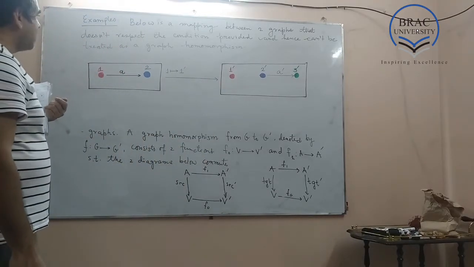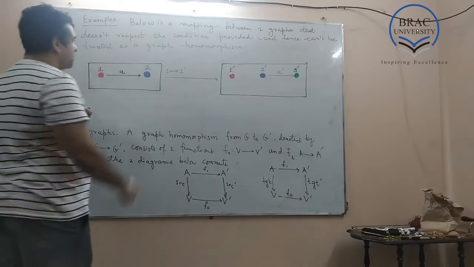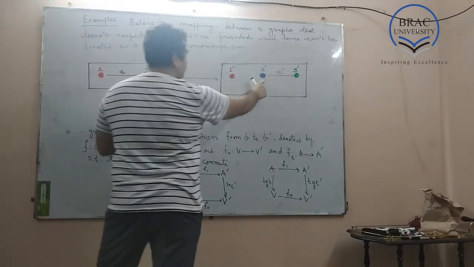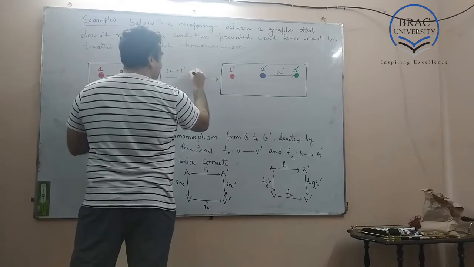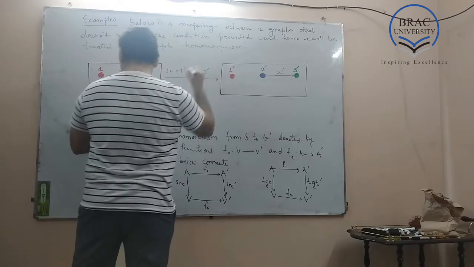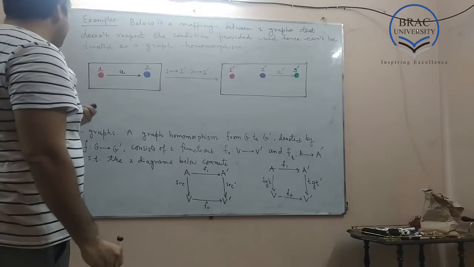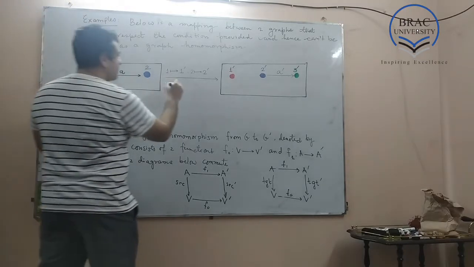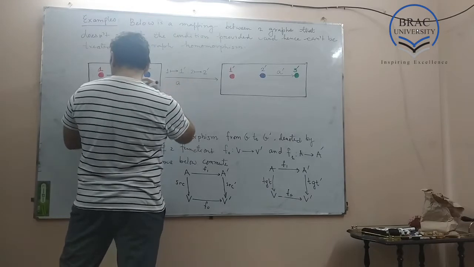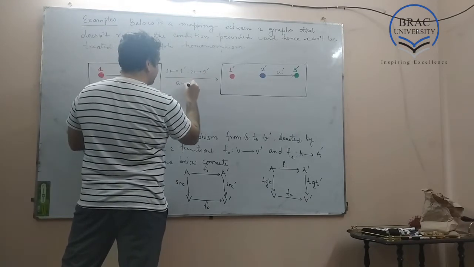So 1 is mapped to 1 prime. So 2 and 2 prime have the same color. So 2 is mapped to 2 prime. Okay. And we have a mapping of arrows as well. A is mapped to A prime.